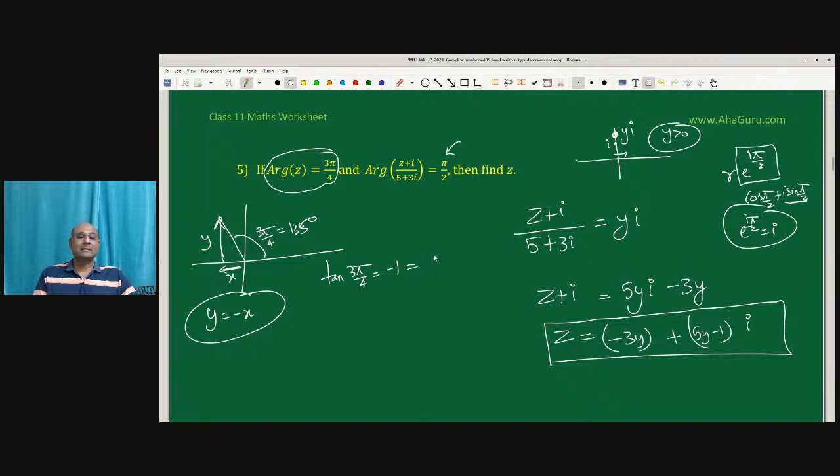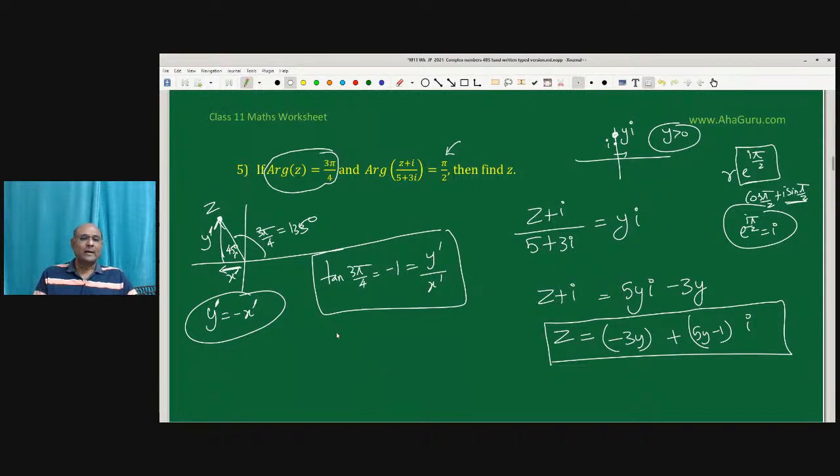Or you can say, well, tan of 3 pi by 4 is minus 1. But tan is the y value by the x value. Well, let me not call these y and x, because I'm using y here. Let me call them y dash and x dash. So this is y dash by x dash. You can see that this must be 45 degrees and a negative number, so this must be minus. So what does that tell you?